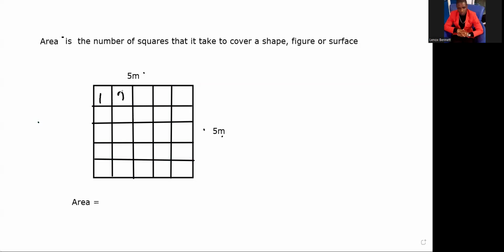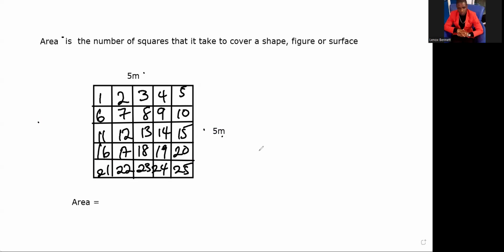So we have 1, 2, 3, 4, 5, and so on up to 25.